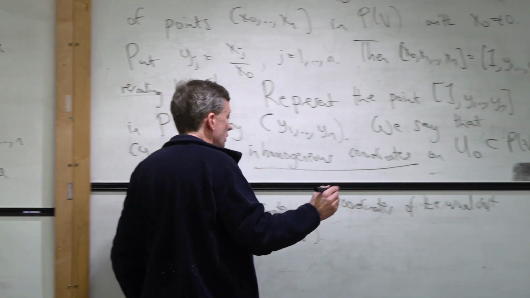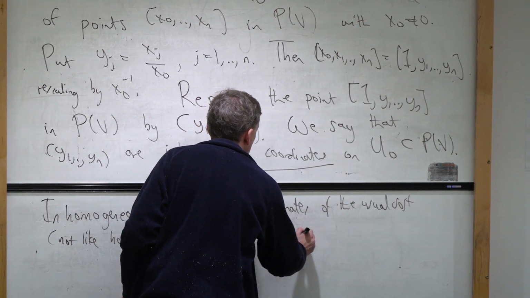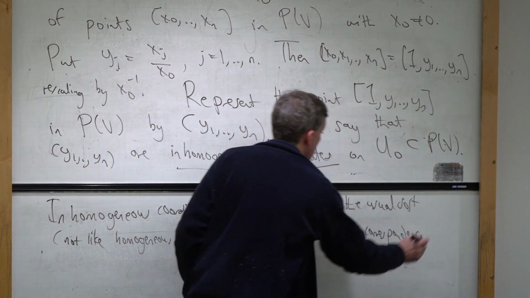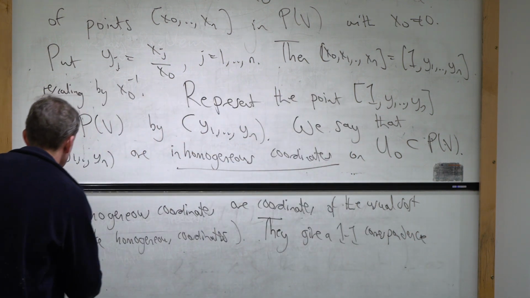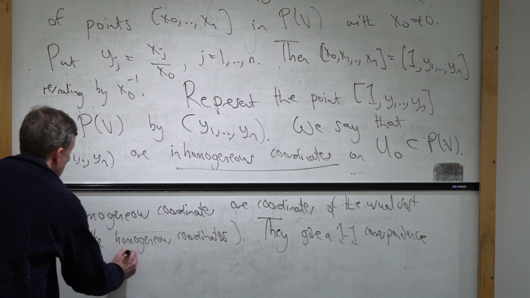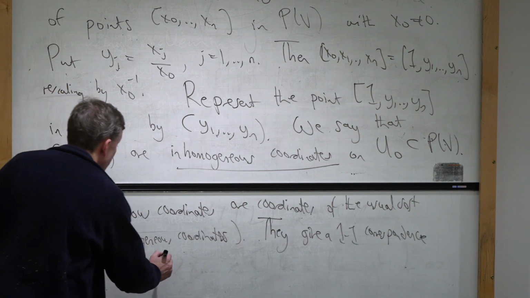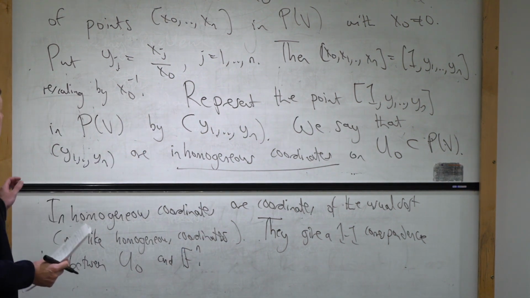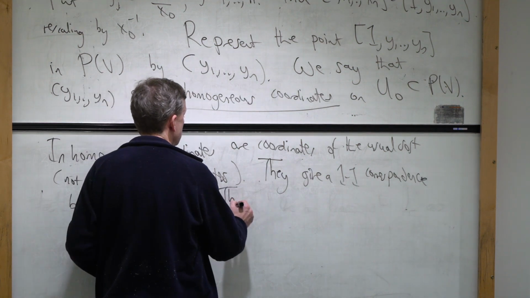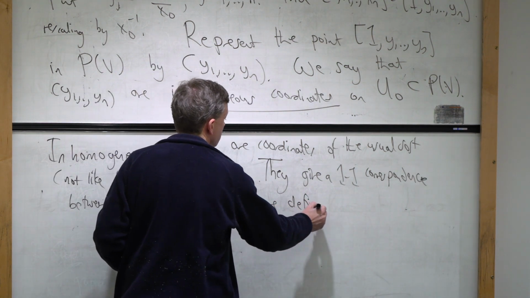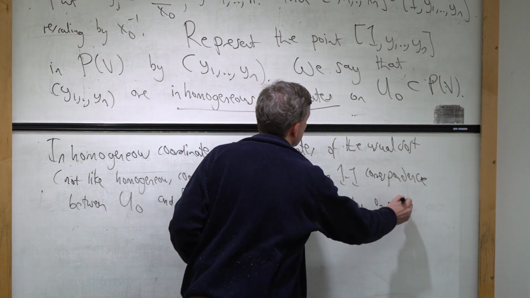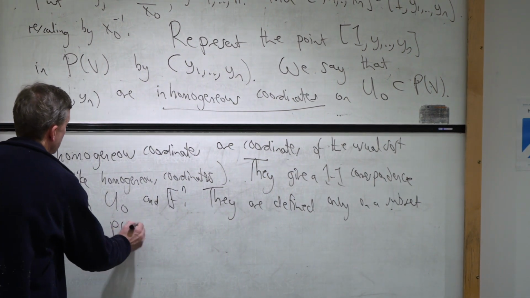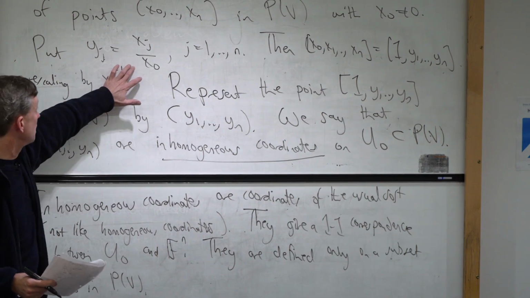So they give a one-to-one correspondence between our subset U0, it's an open subset if you're doing topology, and the vector space F to the n. And they are defined only on a subset U0 in P of V, because if x0 is 0, you can't divide by it.